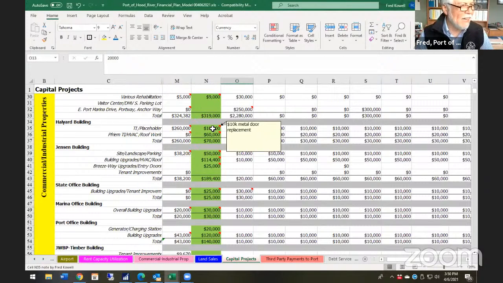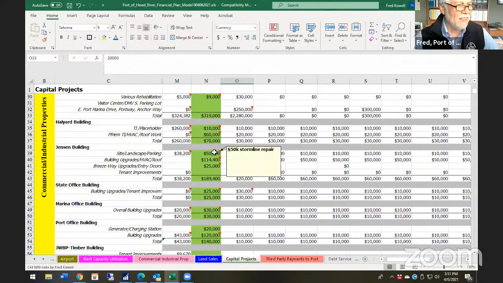So what we have for the Halyard building, we do have a small amount to replace a door. And then we have some exterior paint that needs to occur there on the Halyard building. Whether that gets approved or not, that is a discussion item that our maintenance people thought, hey, this is something that we need to start looking at. We have a stormwater line repair at the Jensen building currently that we have a placeholder of about $50,000.